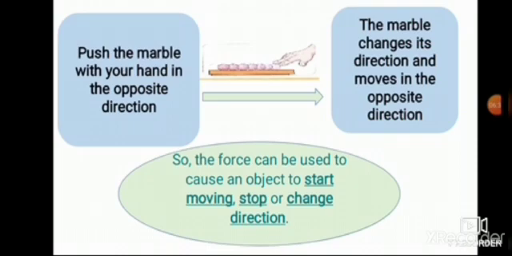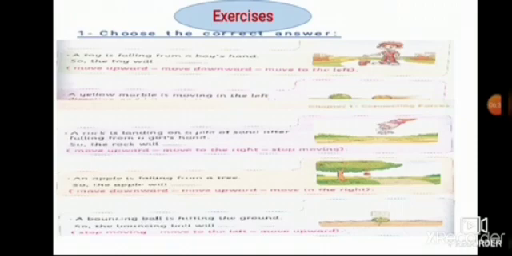Okay, junior 3? Okay, let's start to solve the exercise in the booklet. We will choose the correct answer, okay? A toy is falling from the boy's hand. When the toy falls from your hand, what will happen?